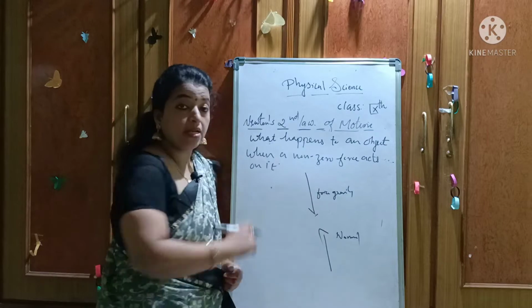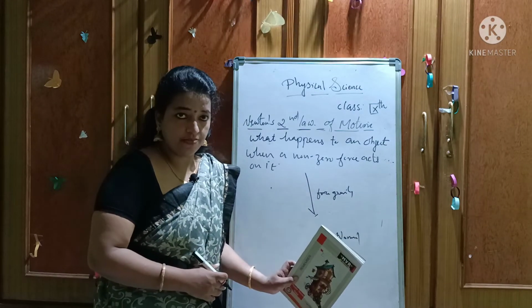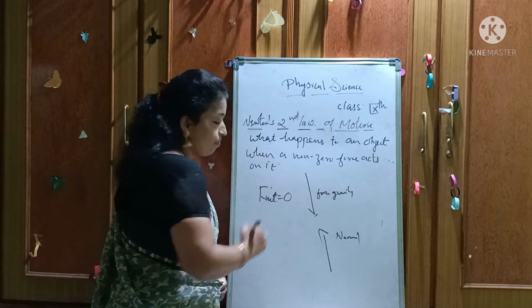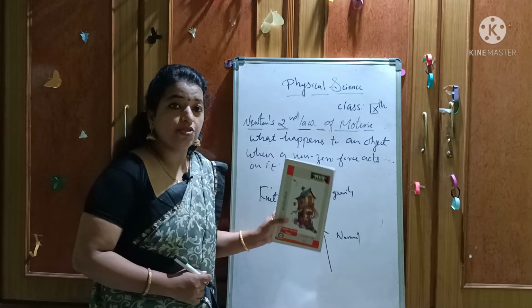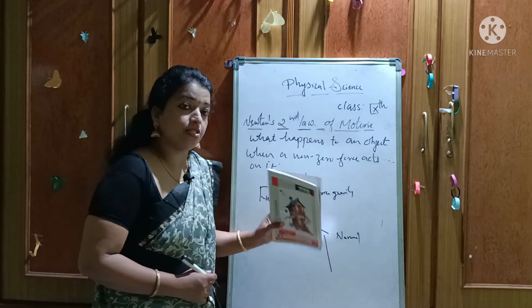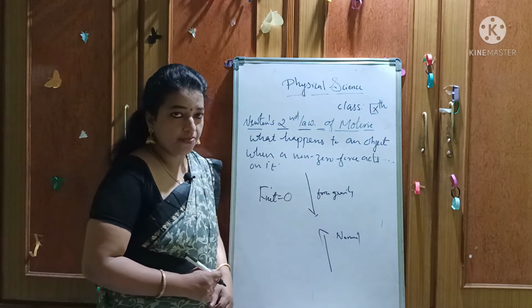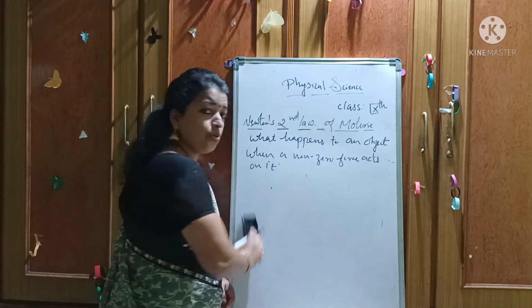Both are anti-parallel to each other. Here the book doesn't have any acceleration. Why? Because the net force is 0, since both forces are anti-parallel to each other. Understood? So in some cases the net force may also be 0.